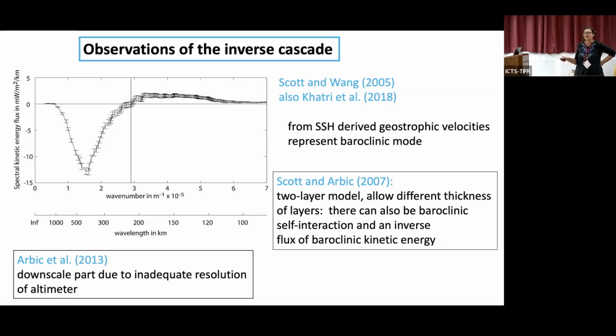This was resolved by Scott and Arbic, at least in my understanding. They have a 2-layer model. If you allow for different thickness of the layers, then there can also be baroclinic self-interaction, and there can also be an inverse flux of baroclinic kinetic energy that is sometimes even dominating the barotropic flux.